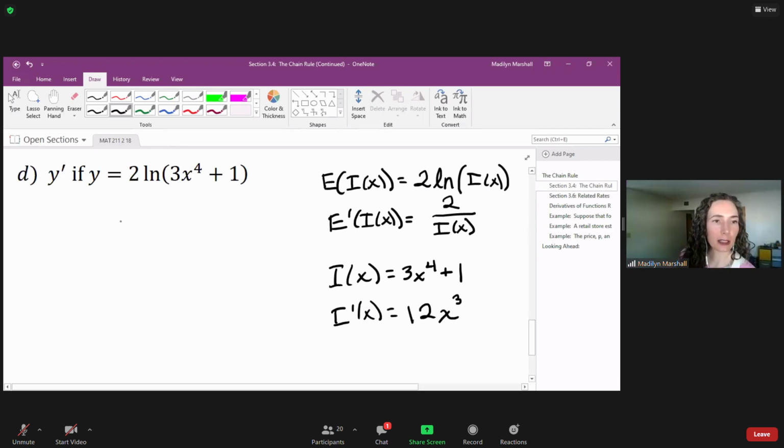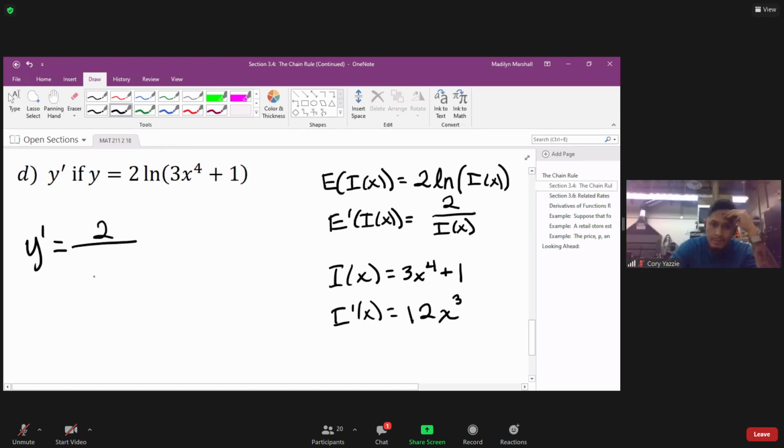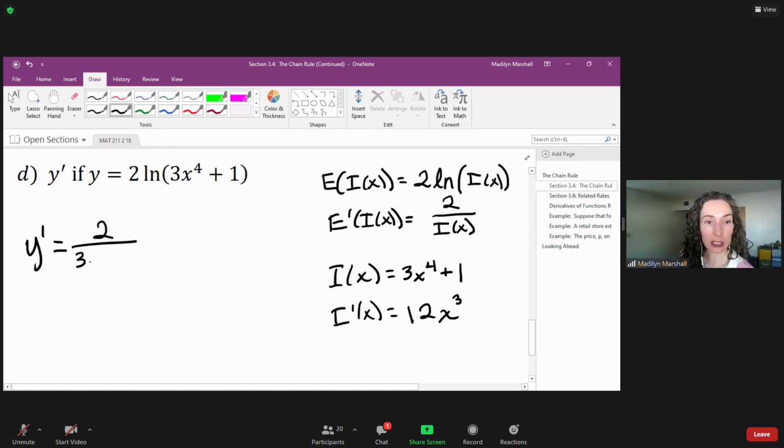So now we can put all of this together. So y prime is going to be e prime of I of x. Putting that I of x back in, so we have 3x to the 4th plus 1 in the denominator.